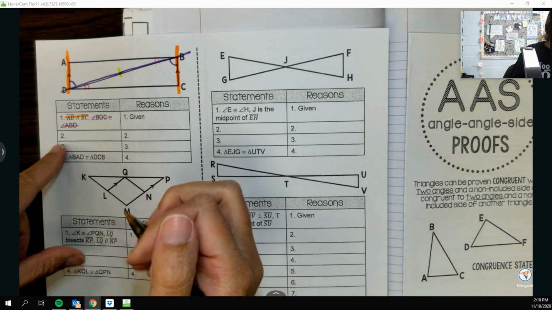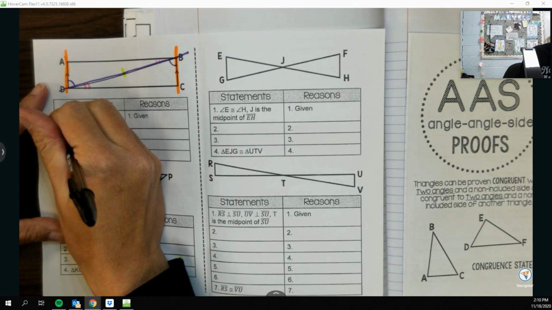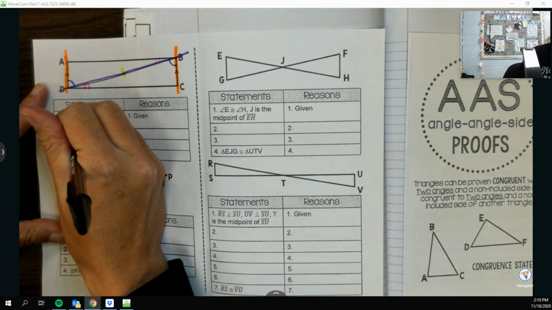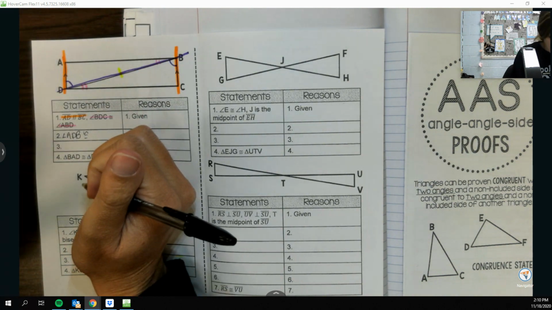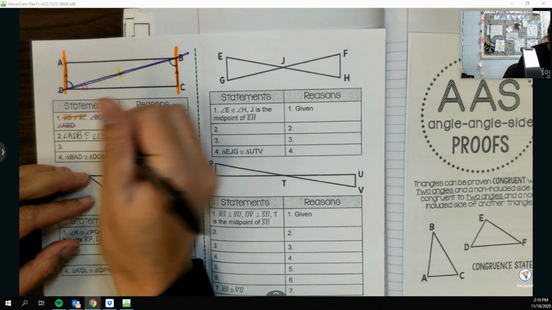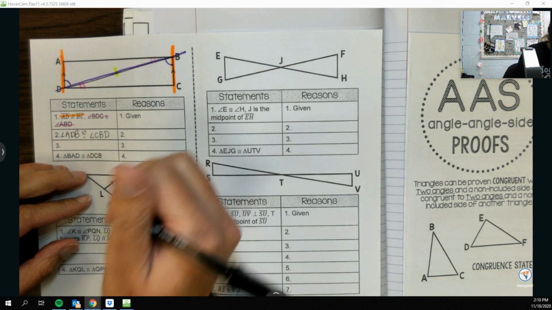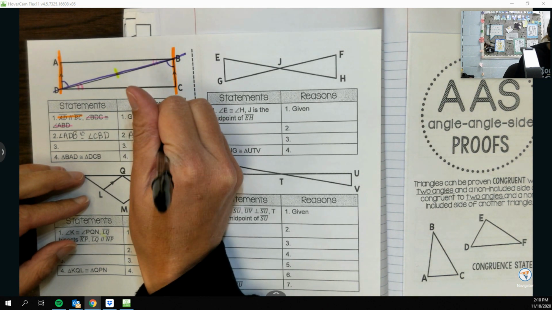And so the first thing that we marked were those purple angles. So we would say angle ADB is congruent to angle CBD because they were alternate interior angles.